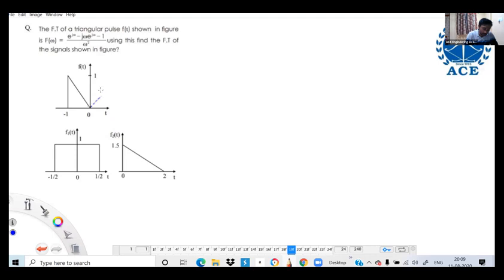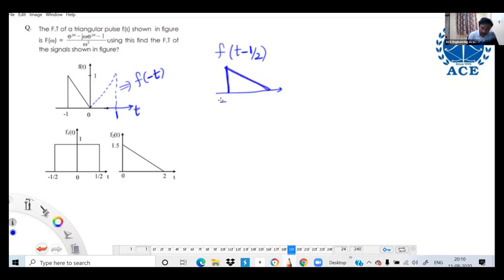What is the folded version of f of t? This blue signal is the folded version of f of t. If I take f of t right shifted by 1 by 2 units, where it covers?